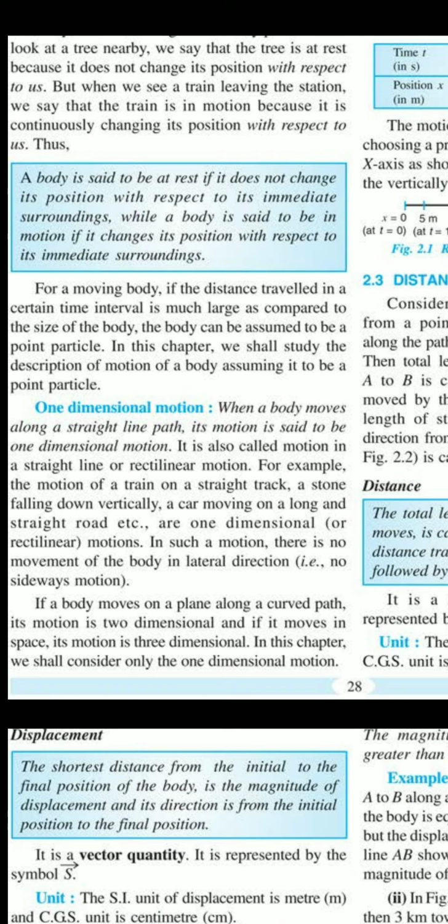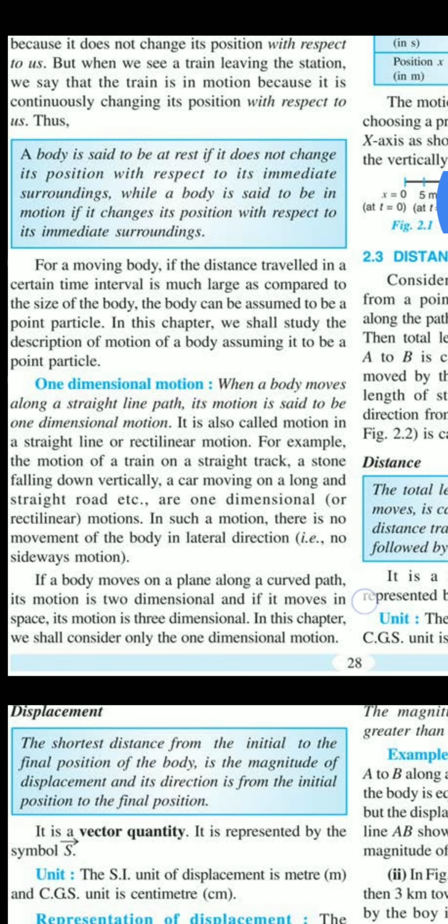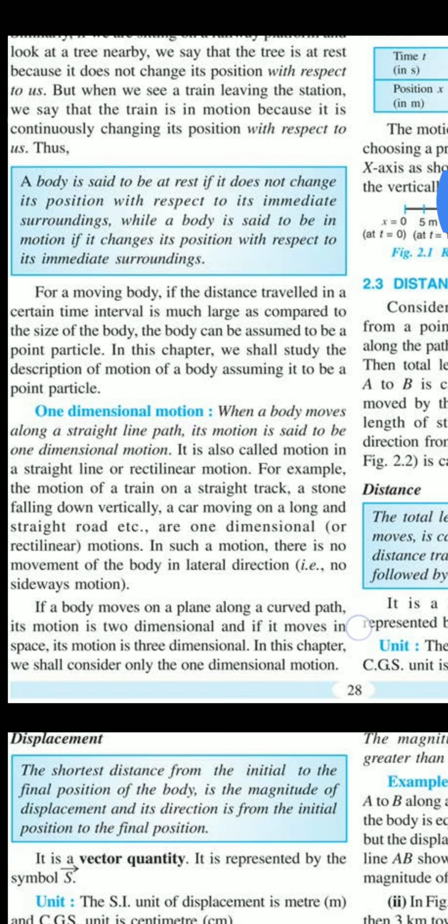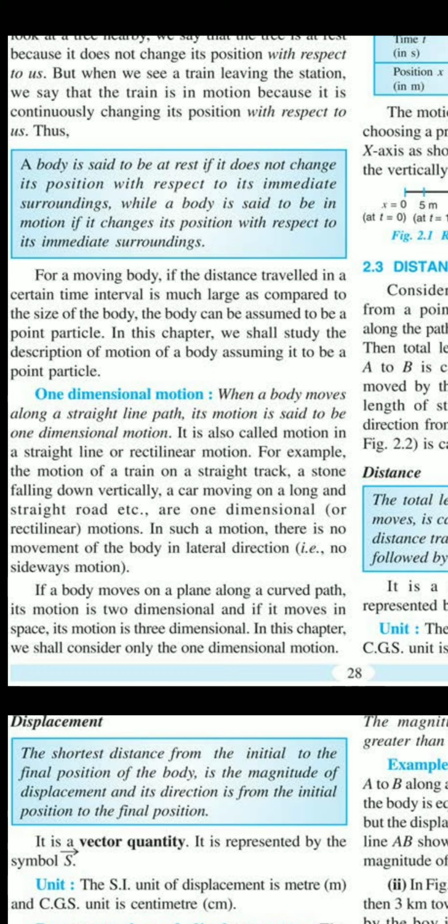So you need to mention that the thing which is not changing its position with respect to its surroundings is said to be at rest, and anything that is changing its position with respect to its surroundings will be said to be in motion, right?